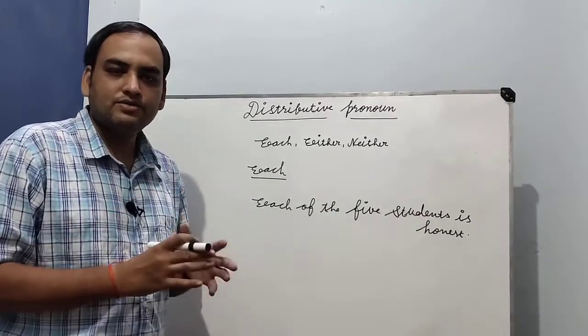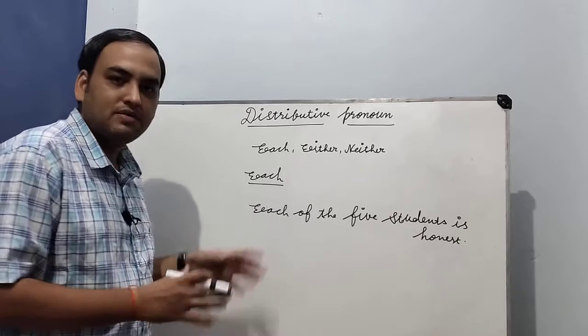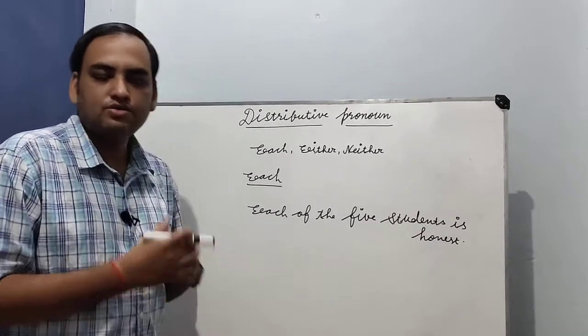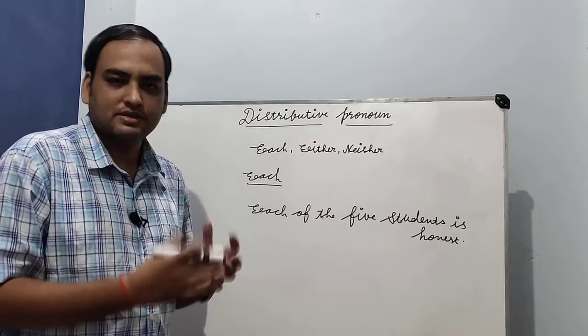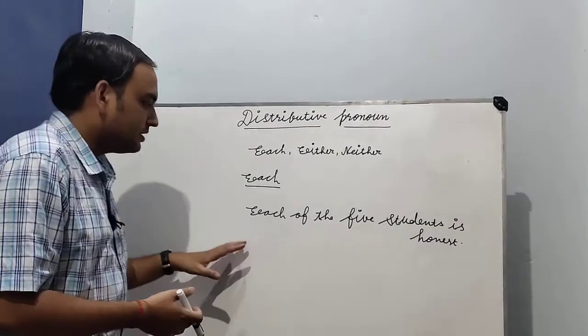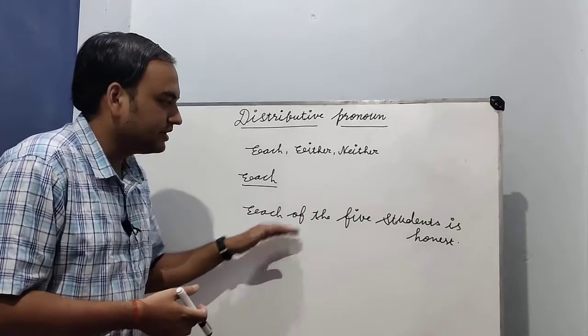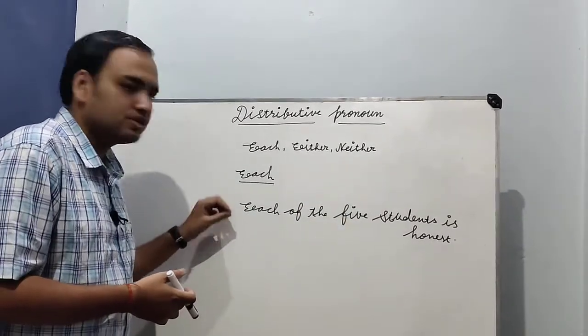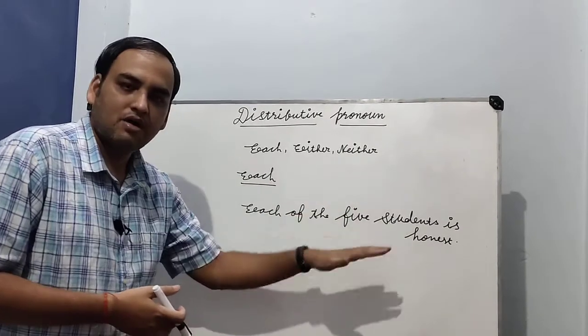Okay, if we are using each as a distributive pronoun, it is used for 2 or more than 2 components, more than 2 persons, more than 2 things. So here we used each of the 5 students is honest. It means that प्रत्येक students पांचों में से क्या है, honest है.